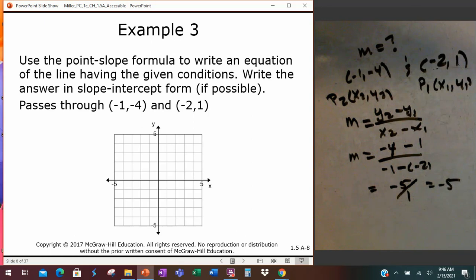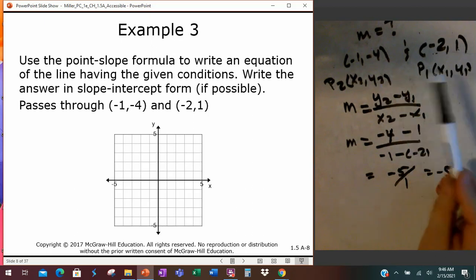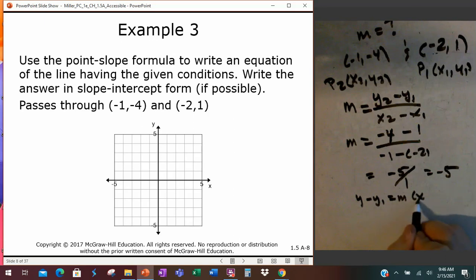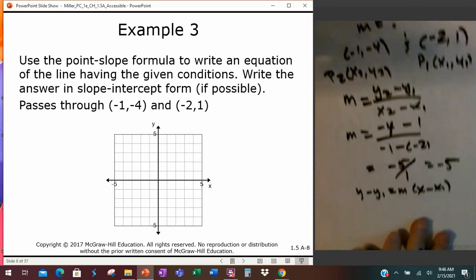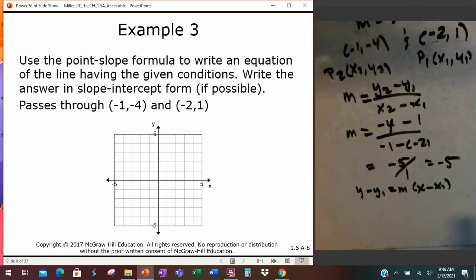Okay. So next step, then we're going to use the point slope. I'll get to choose whichever point I want to use, but I want to do y minus y1 equals m times (x minus x1). Either one I can choose, but I need to stick with the same thing.